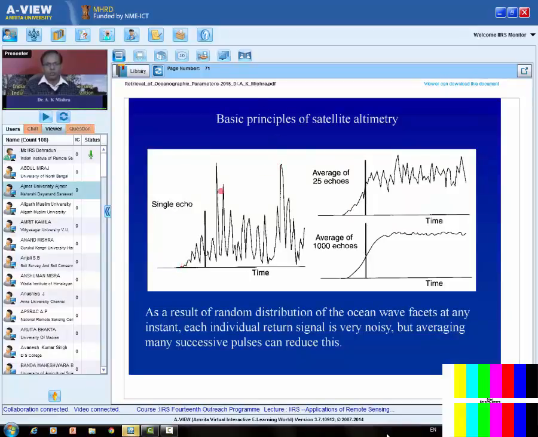So this is actually a single echo, how it looks, and if you average 25 echoes, you will get a better shape, and with 1000 echoes, you will get a nice shape. So normally this type of shape is more applicable. As a result of the random distribution of ocean wave facets at any instant, each individual return signal is very noisy, but averaging many successive pulses can reduce this.